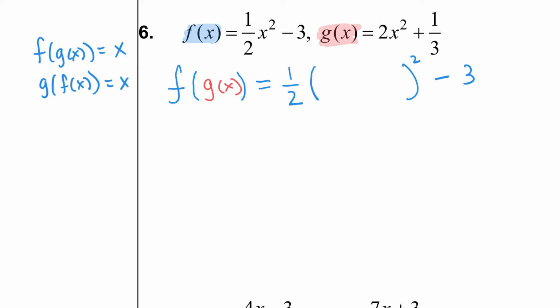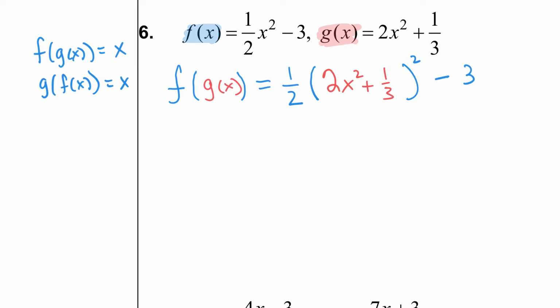So g of x is going to be 2x squared plus 1/3. Here's the problem. It's going to be 2x squared plus 1/3 raised to the second power. So let me go ahead and do it up here. So we have 2x squared plus 1/3 raised to the second power.